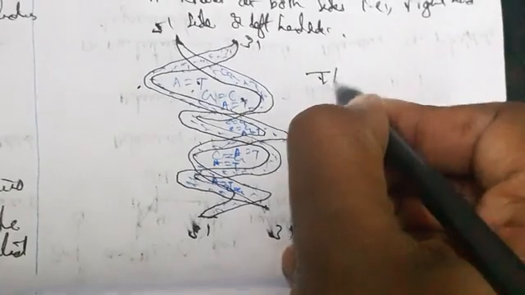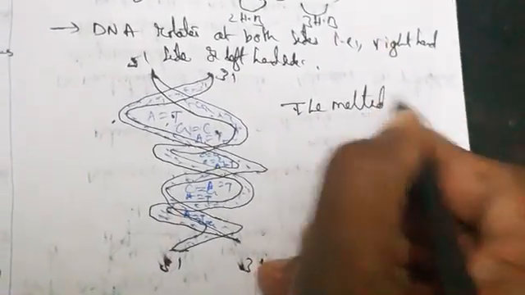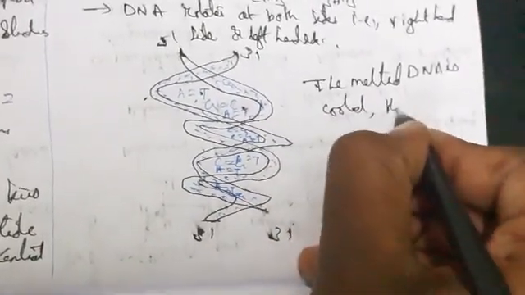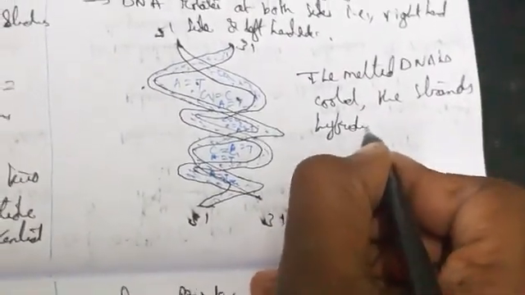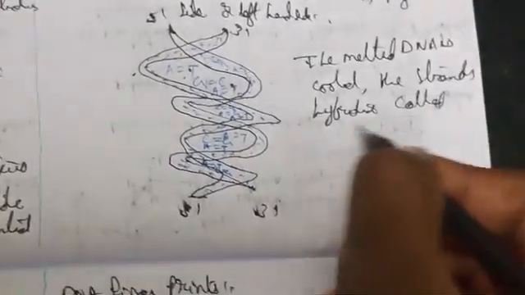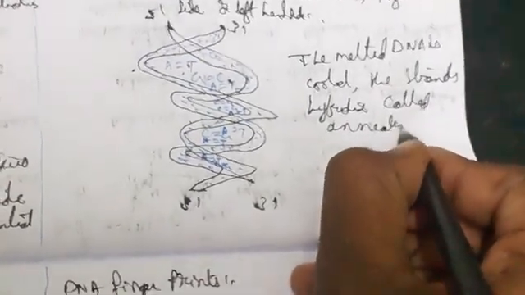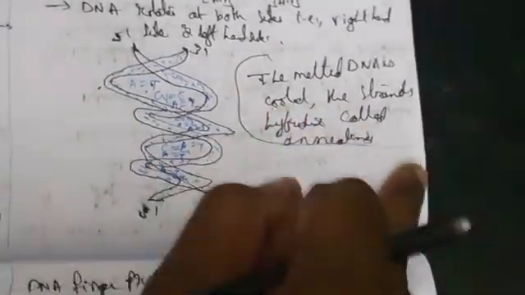That one we call annealing. The DNA you are taking is in a hot condition. When it is cooled, the strands hybridize. That one we call annealing here.